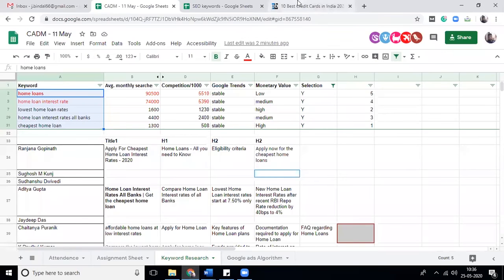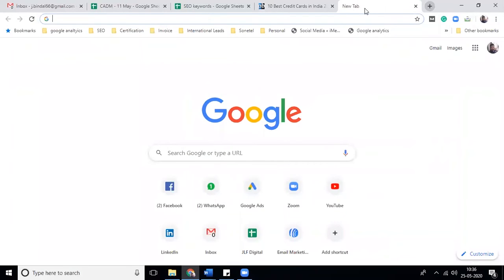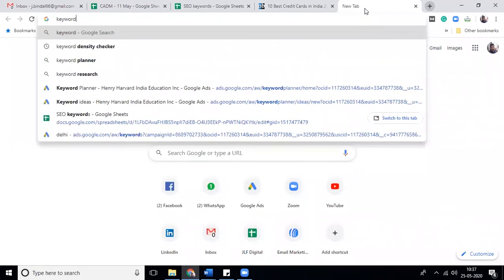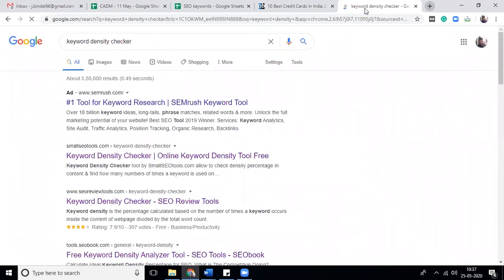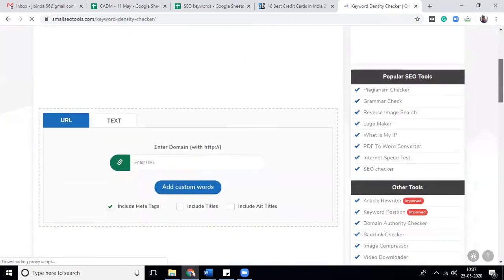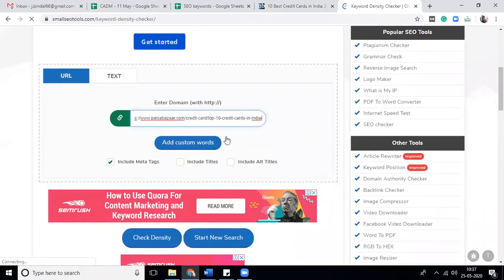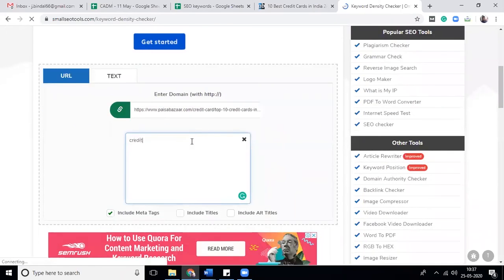I have seen people writing a lot of content and they keep writing it, but they don't realize whether their content will be relevant to the user or not, whether it makes sense to the user, whether it will be relevant for the search engine or not.